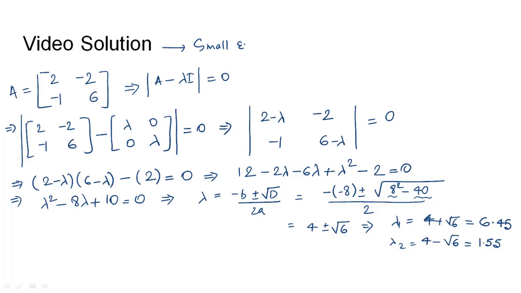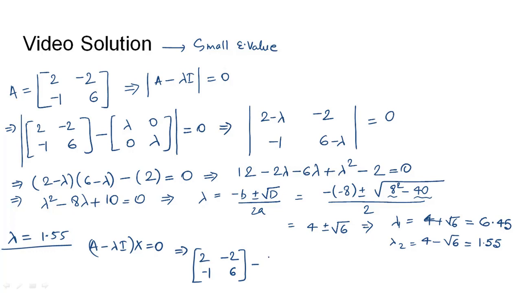The question asks us to find the eigenvector corresponding to the smaller eigenvalue. So the smaller eigenvalue here is lambda equals 1.55. So we should find A minus lambda I times x equals 0. We know A, and we know lambda I, that would be 1.55 on the diagonal, and this whole thing into the matrix [x1; x2] equals 0.